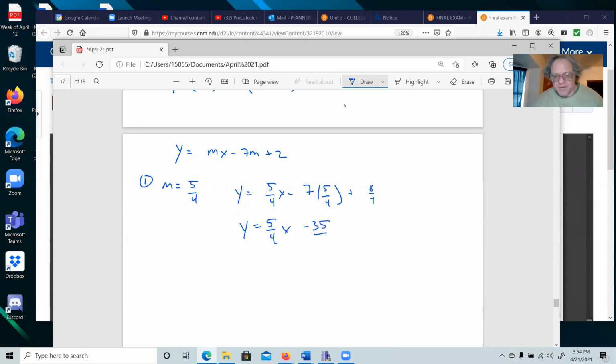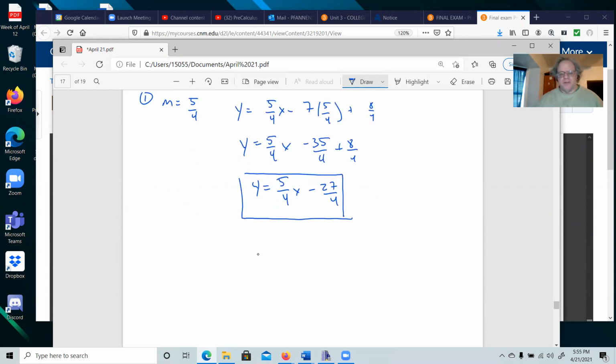Minus 35/4, right? 7 times 5, plus 8/4, so that is y is equal to 5/4 x. What is that? 35 minus 8 is going to be like 27 or something, so minus 27/4. Sure, that's a delightful looking line. Case 2, m is equal to -5/4.